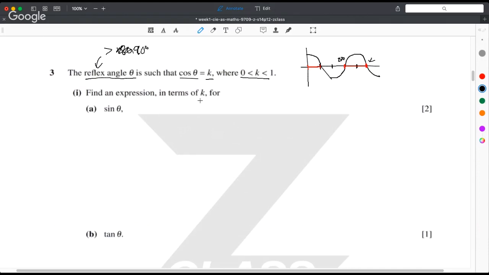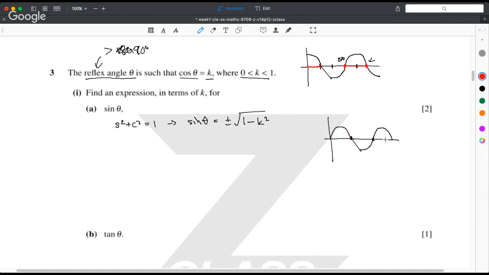So now we want an expression for sine theta. If we just crunch through this identity in the formula booklet, we get that the sine of theta is equal to plus or minus the square root of 1 minus k squared. But now we need to know which one to take, the positive or the negative. Well, if we look at the graph for sine, that's 180, that's 360.